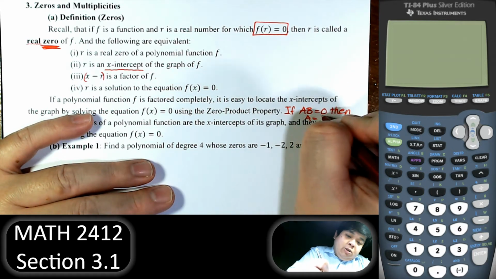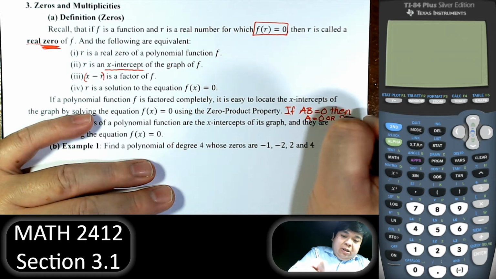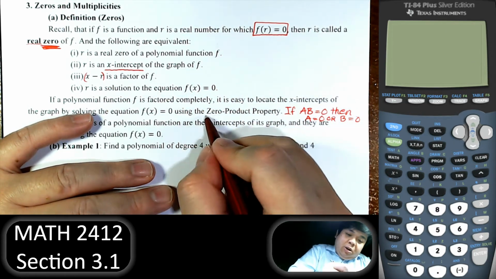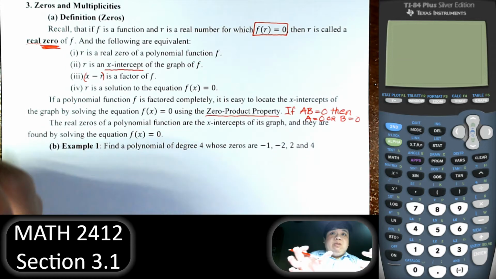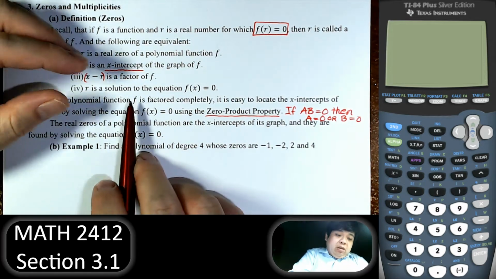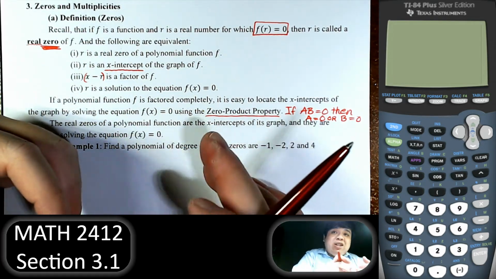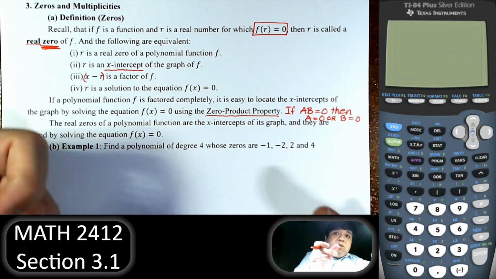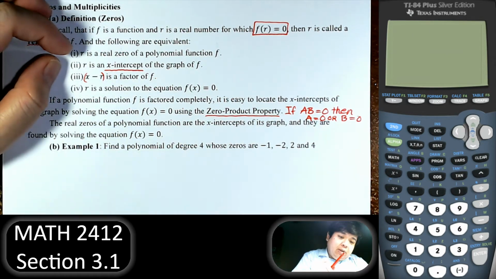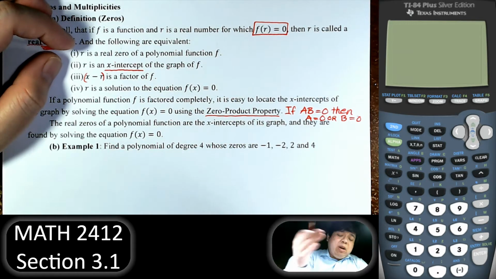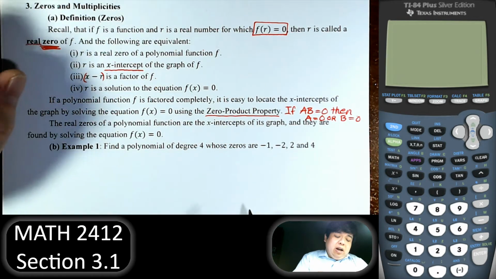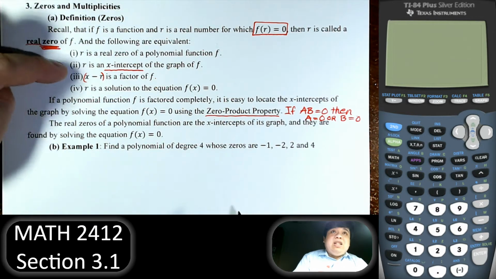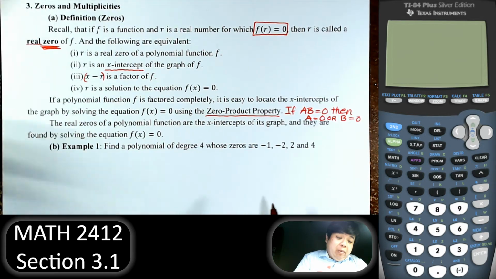So A is 0 or B is 0. So if we have the polynomial factored completely, then at least one of the factors must be 0. From there we can get the x-intercepts, the zeros.